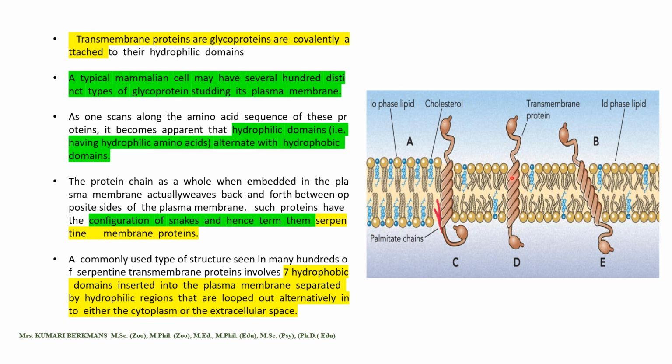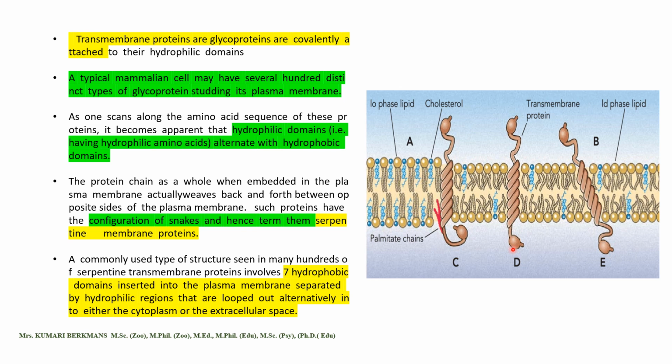They are looped out: this is the external part of the cell, and this is internal, the cytoplasm, where it protrudes into the cytoplasm. This is extracellular, outside the cell membrane, where it protrudes. So this is one hydrophilic, this is another hydrophilic: two hydrophilic and one hydrophobic.